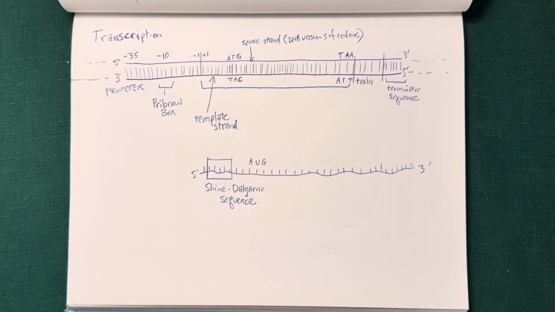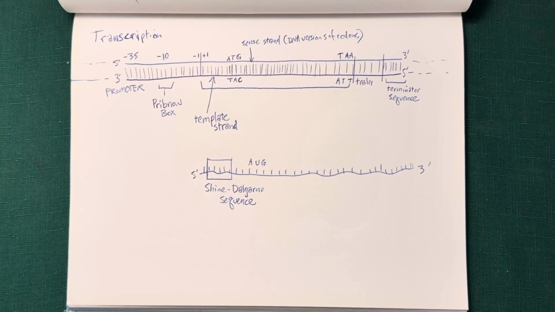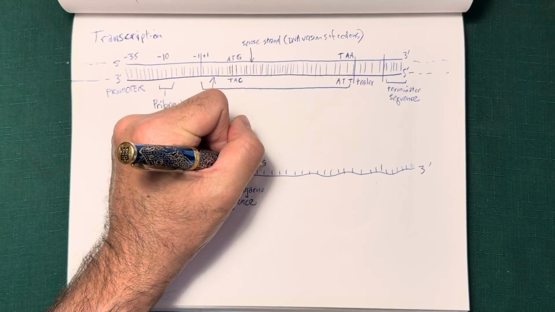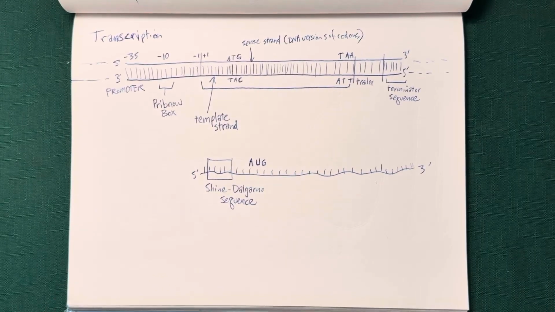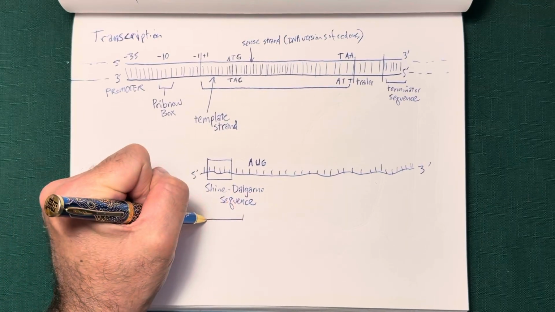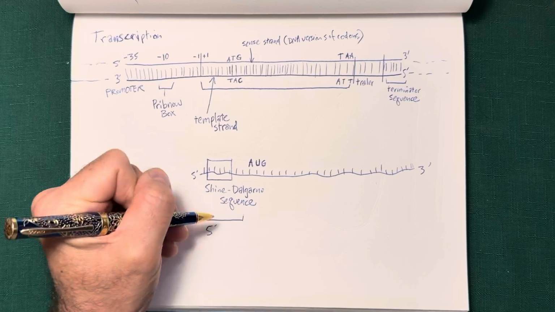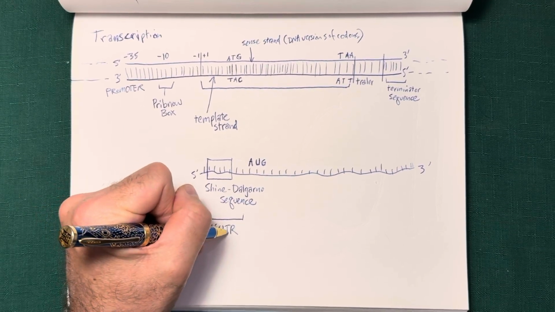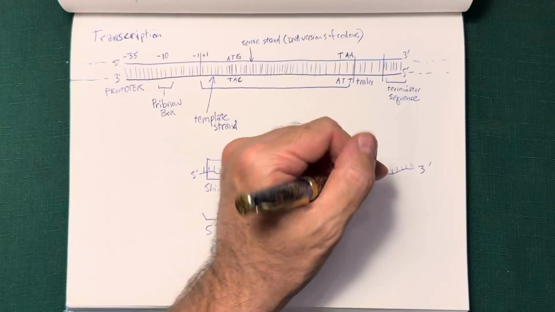Sorry, the 16S ribosomal RNA is what binds the Shine-Dalgarno sequence and orients it so that the AUG ends up where it needs to be to initiate translation. So we end up with a bit of an untranslated region called the 5' or upstream untranslated region, UTR.